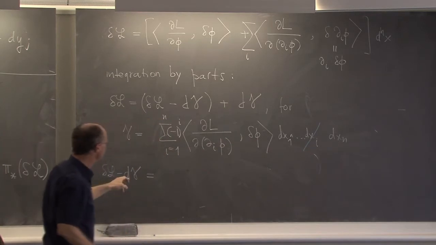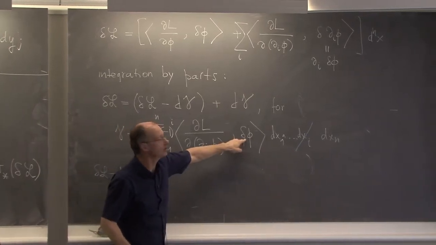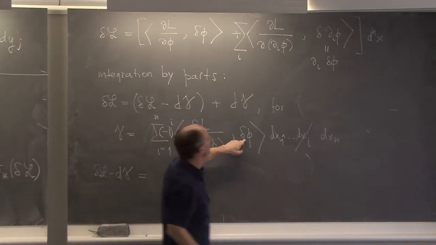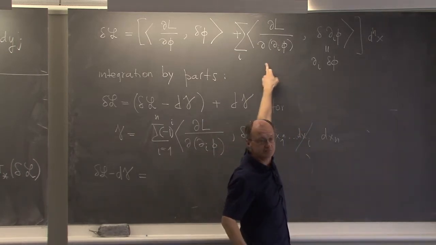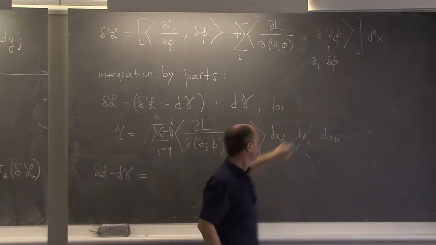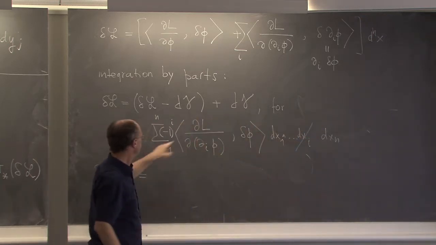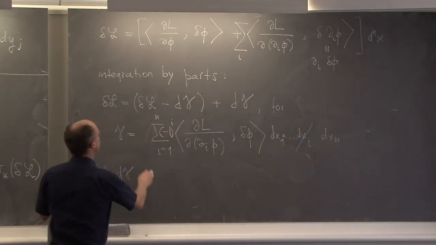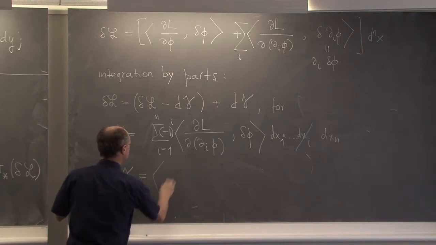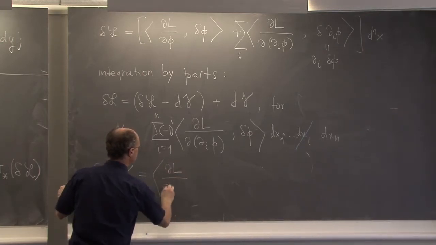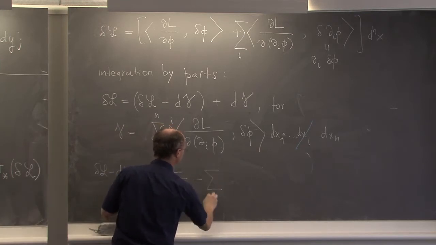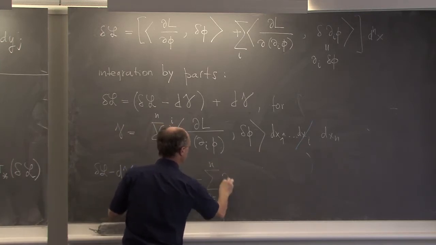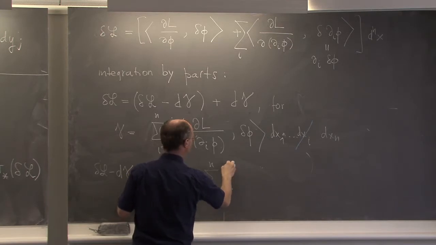If d hits that term, then you exactly kill this expression there. But if d hits this term, the claim is that what you get is dL over d phi minus what you want.